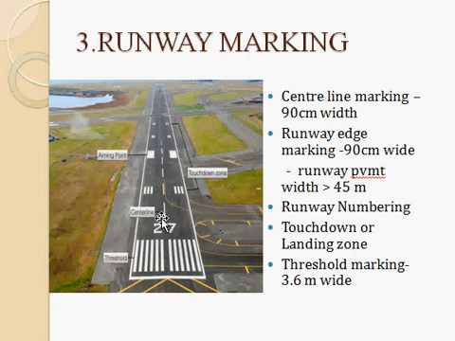And next is runway numbering. You can see the runway numbering like this. If we have a single runway, usually we will not. In runway numbering, mainly we mark based on the azimuth of that runway. So suppose we have the angle measured from the north direction, in the clockwise direction.